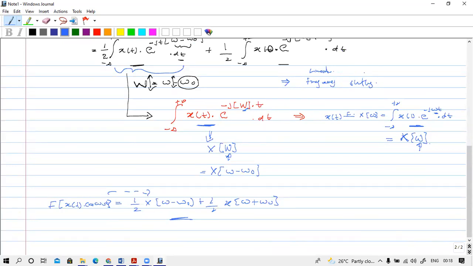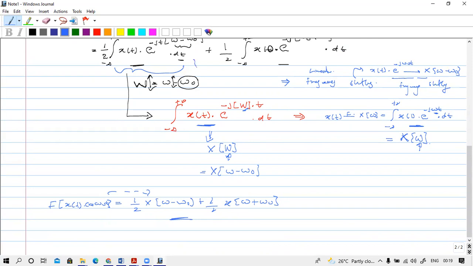Actually, when this x(t) is multiplied by e^(-j omega naught t), you will get X(omega plus omega naught). So this is called the frequency shifting property.